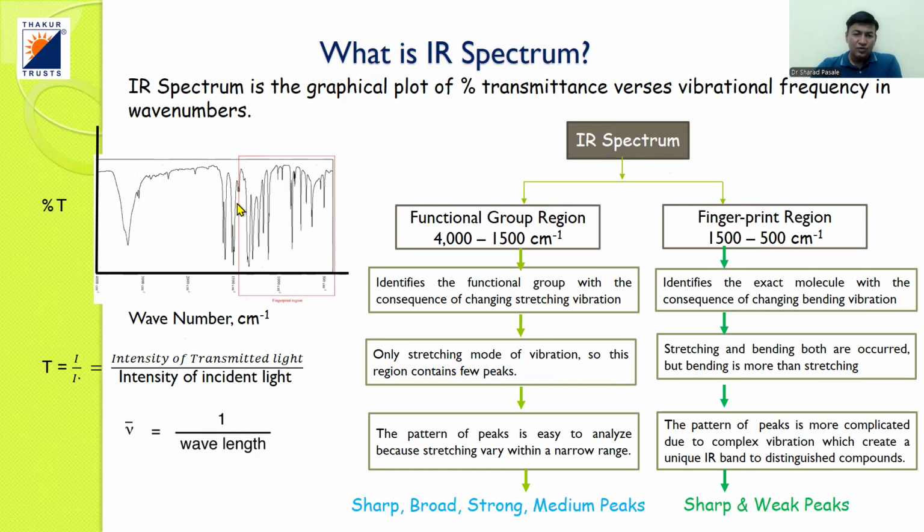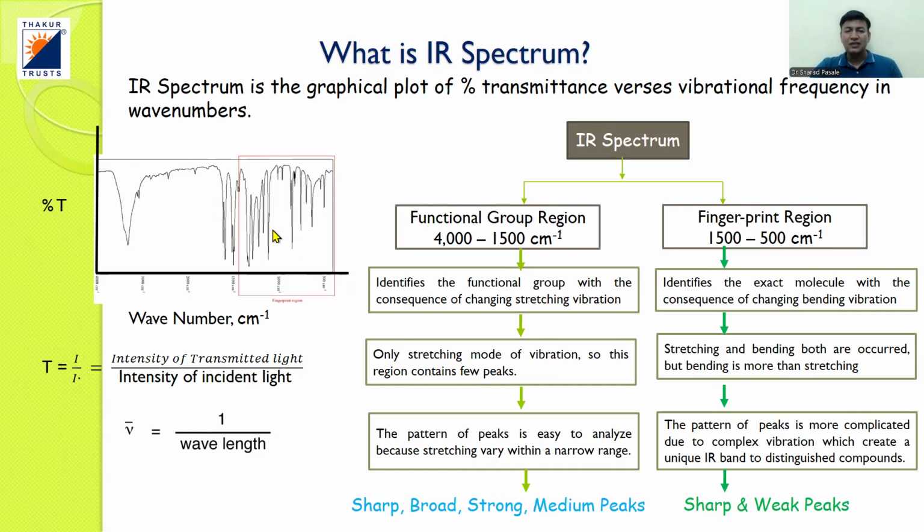So here I have put one box in red color up to 1500, which means this region is the fingerprint region. And after that, this is the functional group region. So we have to focus more after 1500, from 1500 to 4000 max. This is our core region where we have to concentrate. Why?